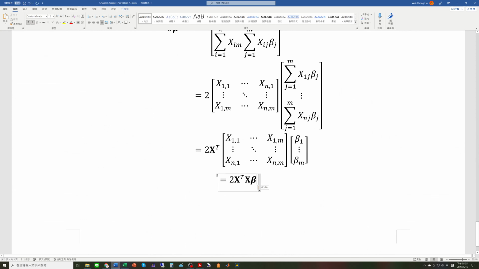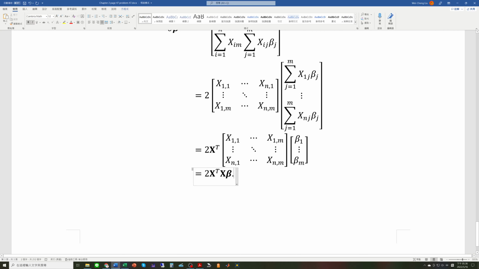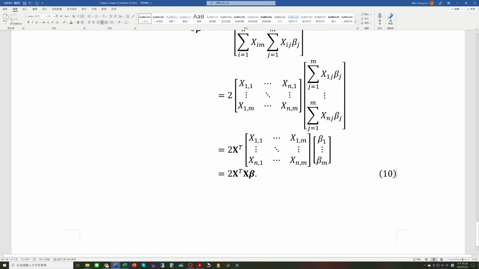Align at the equality sign. And this is equation 10. Good. So we have found 4 terms and reduced them to the simplest form in equation 1.